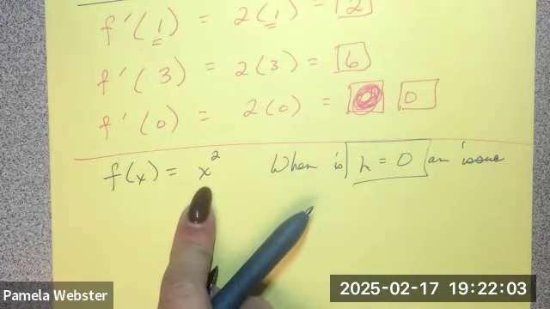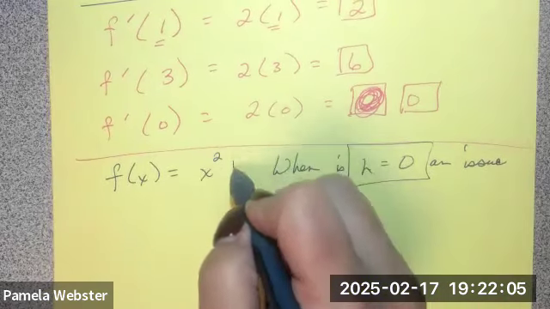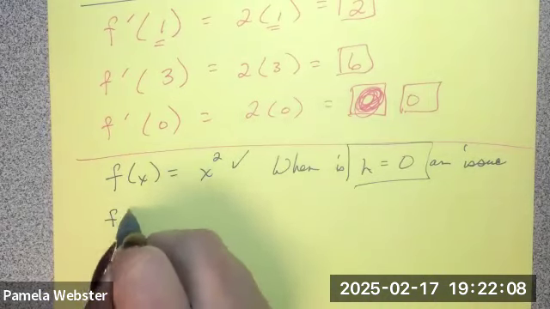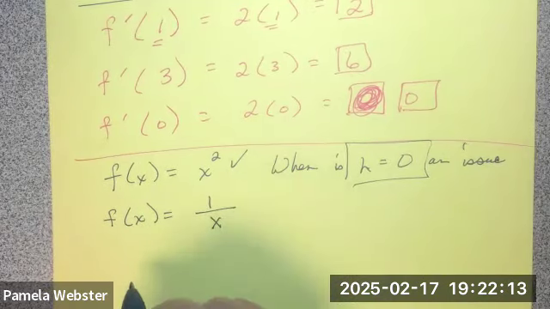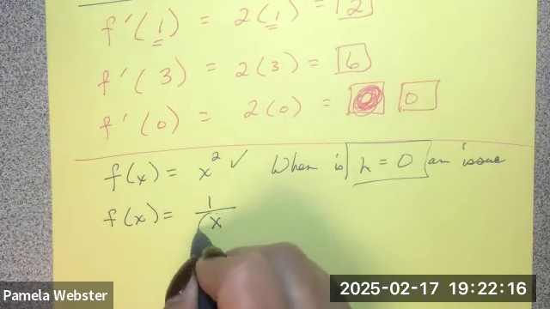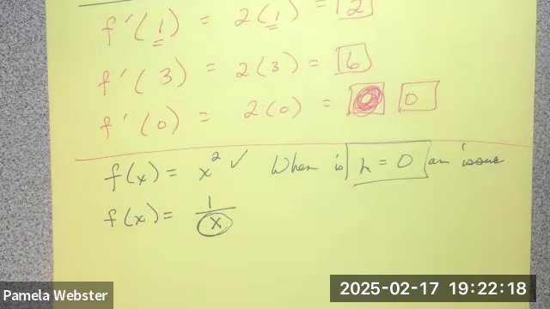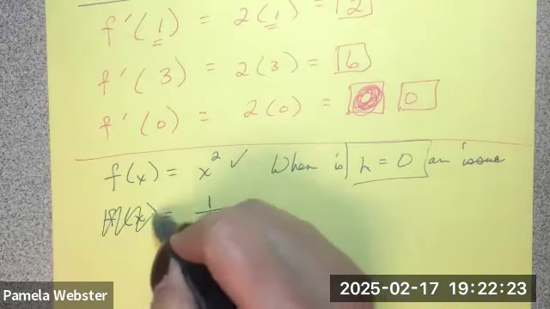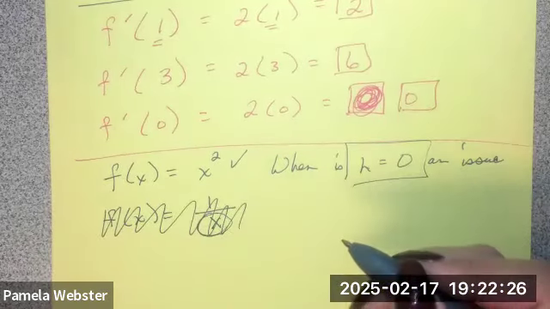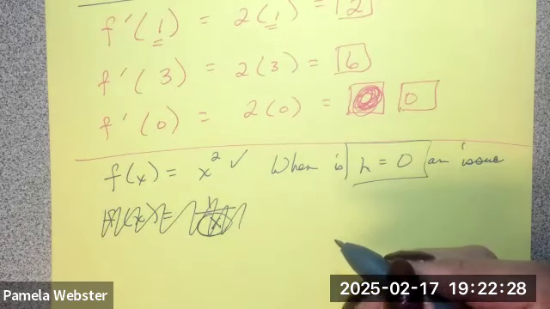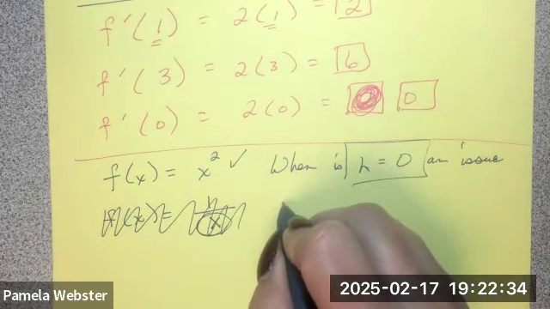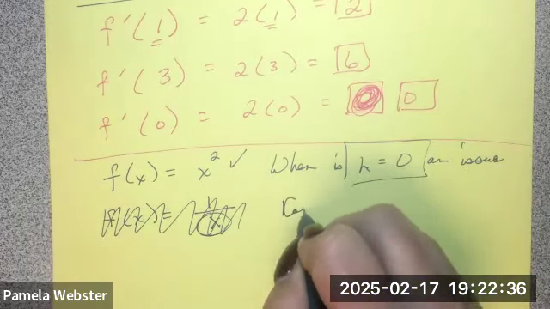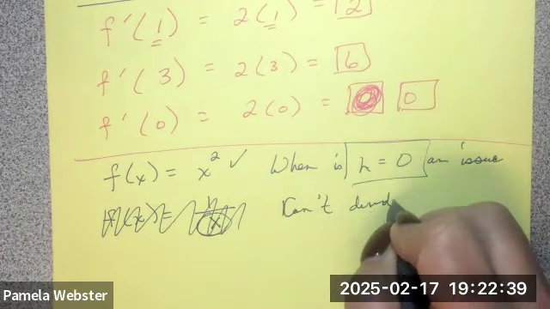Not in something like this, f of x equals x squared, I'm good. But what if it was something like f of x equals 1 over x? And I end up dividing by h equals 0. That's not quite right either. I'm sorry, I'm trying to come up with an example, and I had it in my notes that we have to watch out for it, but I don't have an example. Let me just put it like this: you can't divide by 0.